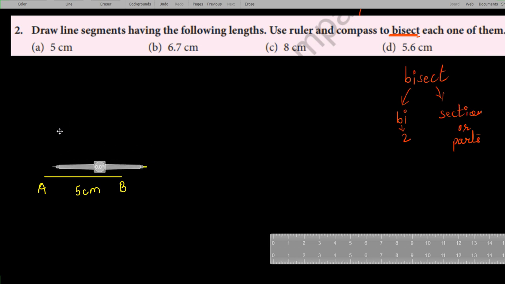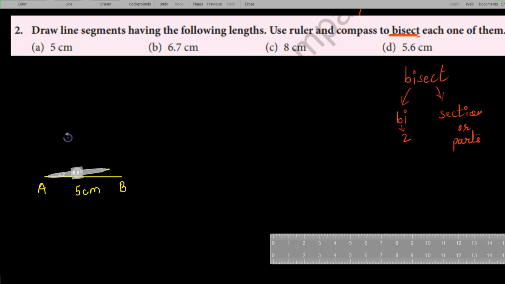So to bisect it, what we'll do, we'll keep the steel point of our compass on A, this way. And we will take more than half of this line segment. We will not measure more than half. We can just estimate. We can extend our compass for more than half of the line. Right, children?